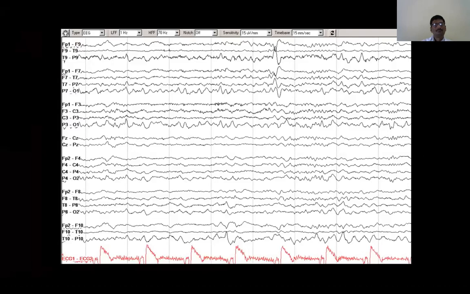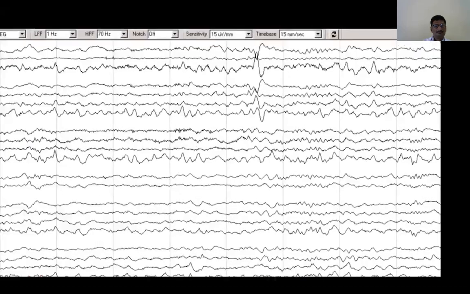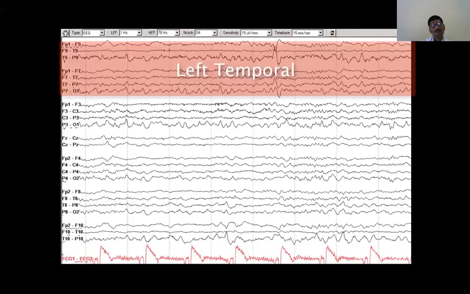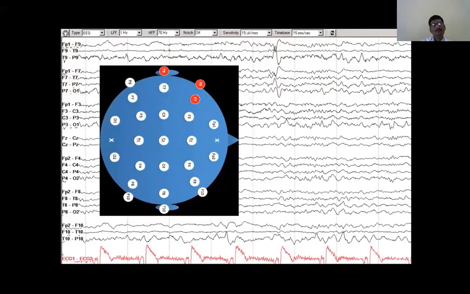Without going into too many details, there is a focal epileptiform discharge here. You can see that this is in the left temporal chain. I will go into how to sort out the polarity of this epileptiform discharge in a separate video, but here I've indicated the areas of maximum abnormality for this particular epileptiform discharge.